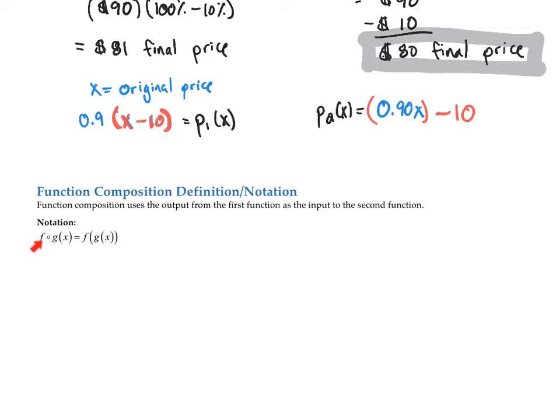So I would read this as f of g of x, or f of g of x in function notation. Just to reiterate, function composition uses the output from the first function as the input to the second function. And on the next slide, I show you a little visual representation of what that means.